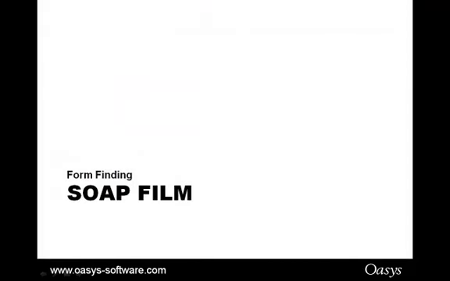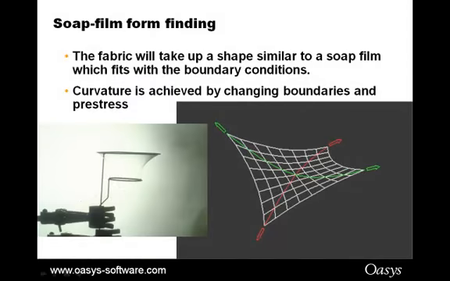So, soap film first of all. Soap film is literally a mathematical equivalent of a soap film, and soap films will try to find the minimum surface area or energy, and the GSA's routines mimic that. Note, being a soap film, you've got to have edge elements to stop the bubble from bursting, and so the 2D elements will simulate a soap film, which is a constant stress but 0 stiffness.